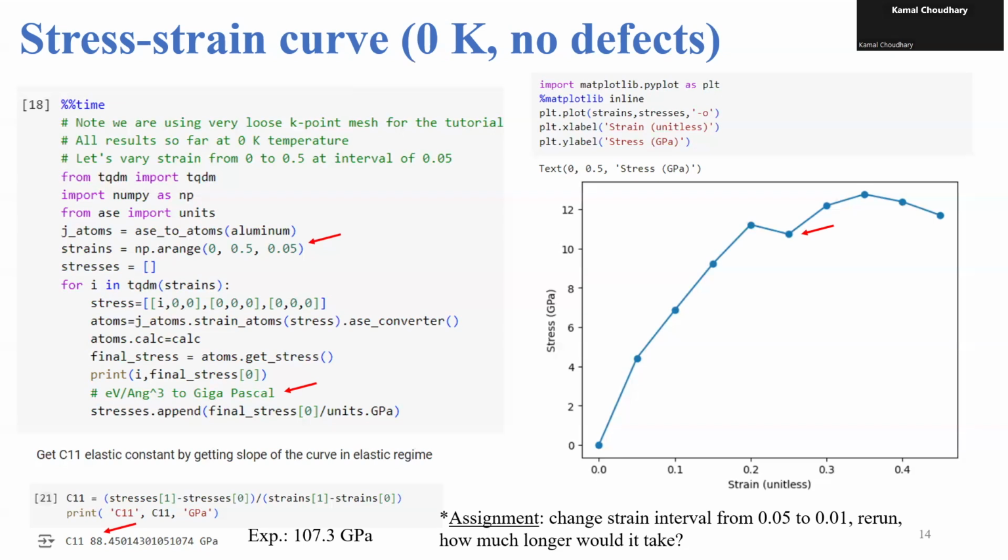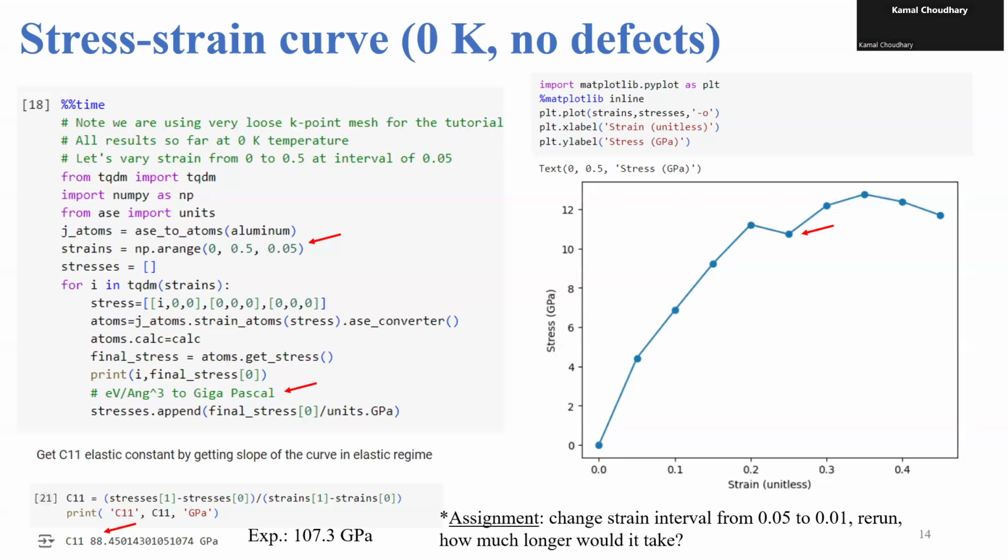I might ask you in the assignment to vary the 0.05 strain to 0.01, so you'll have more points, and the curve on your right-hand side might look smoother. You can fit the elastic response in the stress-strain curve to get the elastic constant.